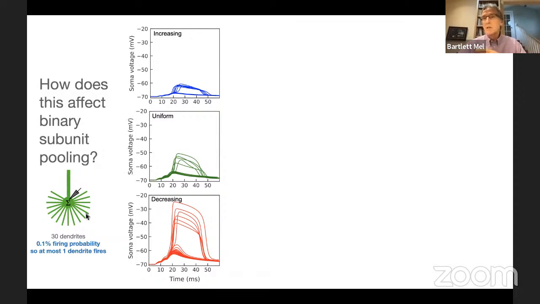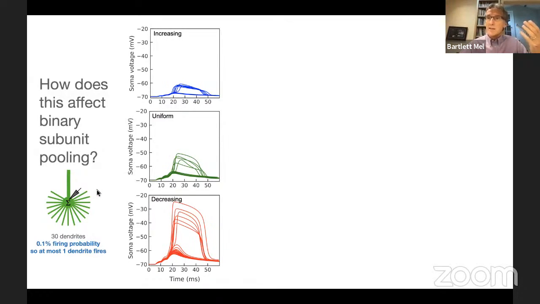All of them behave just like the dendrites that we were looking at and simulating. And we're going to assume that one dendrite will receive one of these superthreshold inputs about 0.1% of the time. So 1 in 1,000 is the probability. And so pretty much on one neuron, you're only ever going to get one that's firing or not. Okay. So what is a case that the neuron has to distinguish?